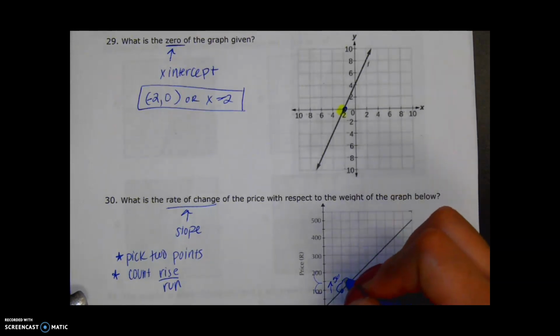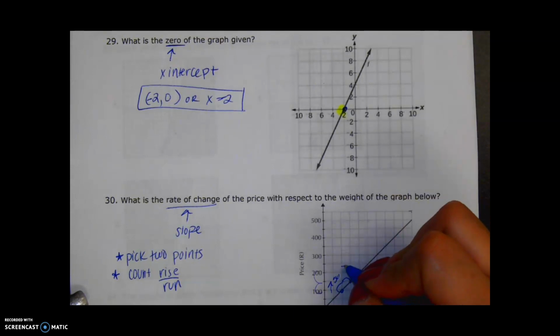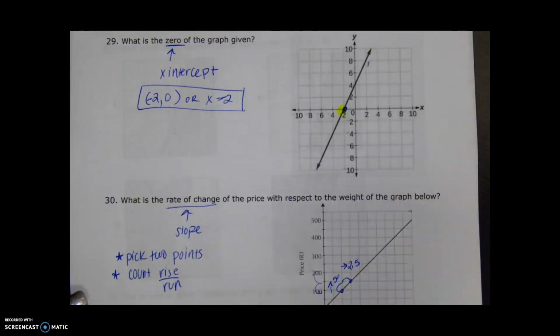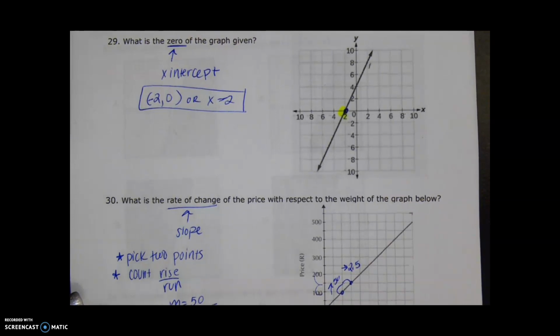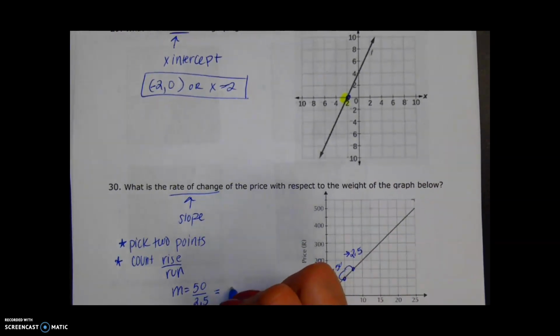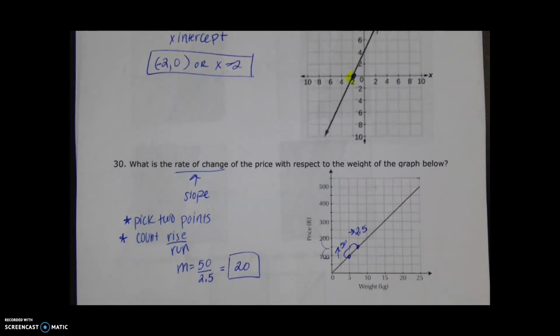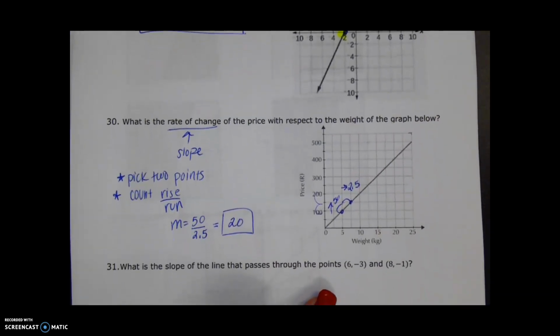So it's going over by 2.5. So our slope is going to be up 50, that's 50 over 2.5. All right. When we divide that, that's going to be 20. All right. So you can pick any 2 points. Just make sure you do your rise over your run.